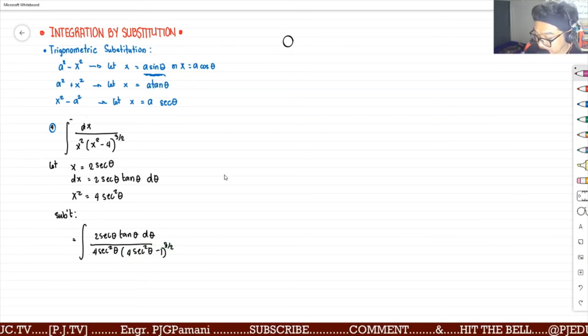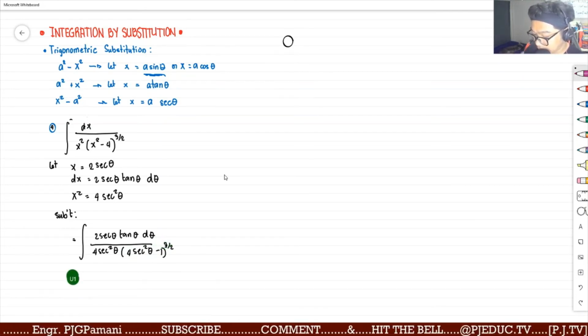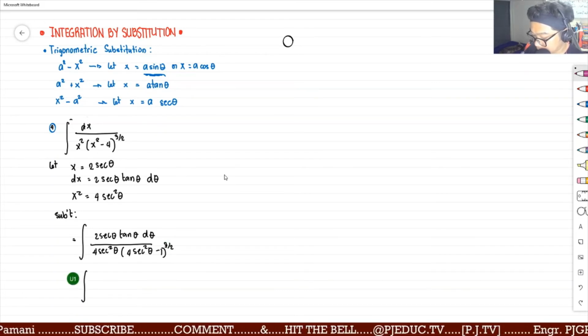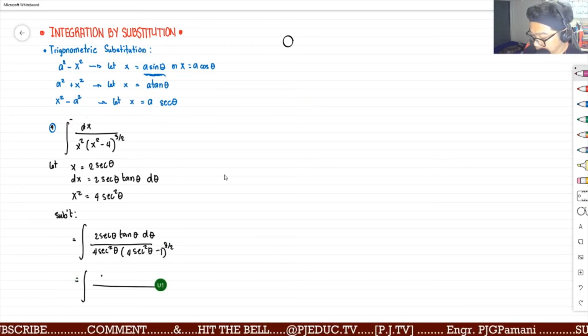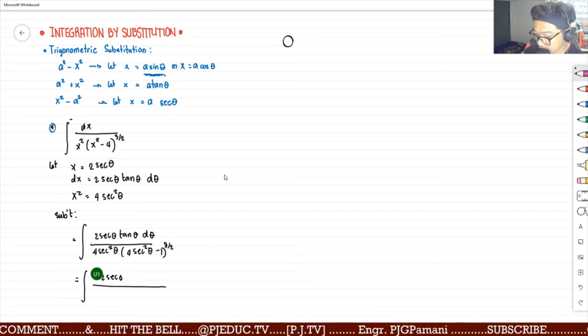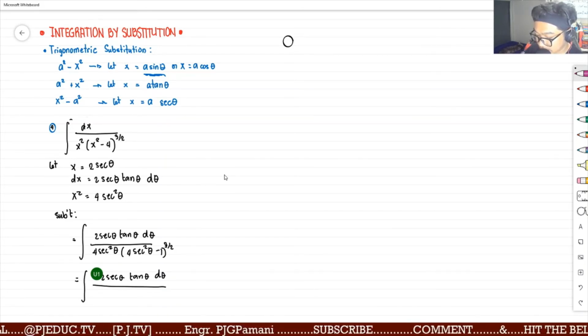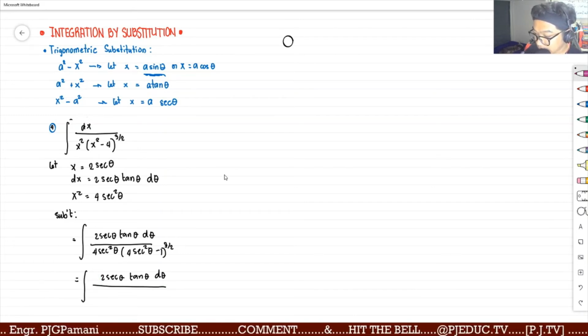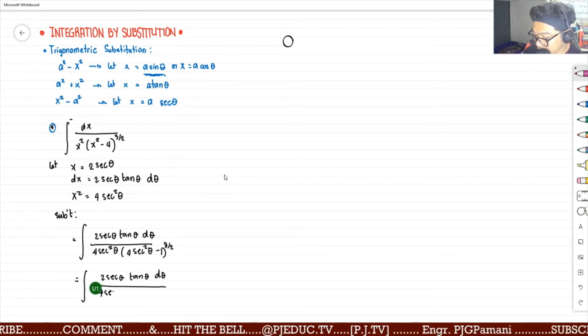Yan yun, di ba? Pwede ko nang isimplify itong nasa loob. Kita nyo naman. 2 secant theta times tangent theta d theta all over 4 secant squared theta. Mamaya na yan. And 4 secant squared theta.